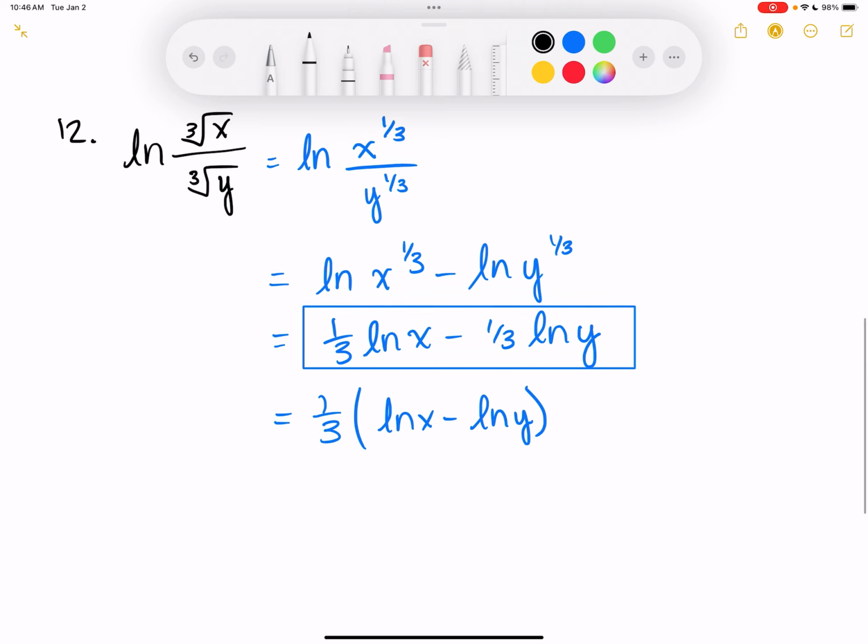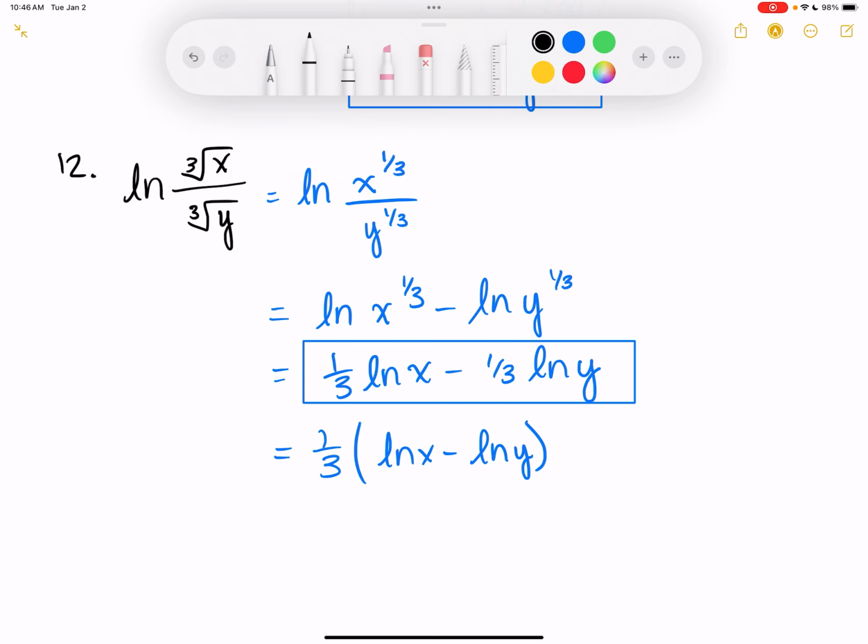When we put it back together, it's not ln of the cube root of x divided by the ln of the cube root of y. It's just ln of the cube root of x divided by the cube root of y. What we just did was expanding, so when we're condensing it back down, it only is written once. You should only have one log or ln written.